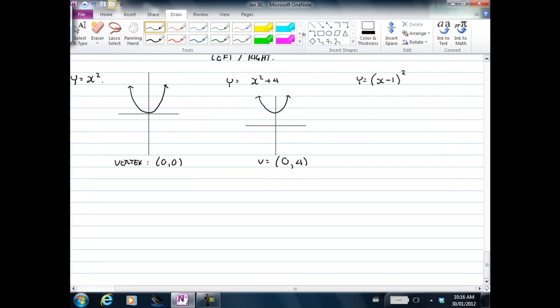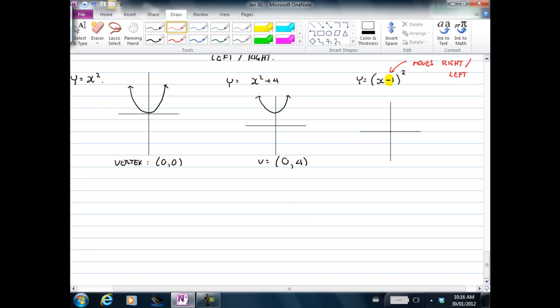Remember, we're talking about left and right because we don't have time to go through this. I'm just going to show you what it does. Highlight the minus 1 for me, please. The minus 1, what this does is moves right/left.